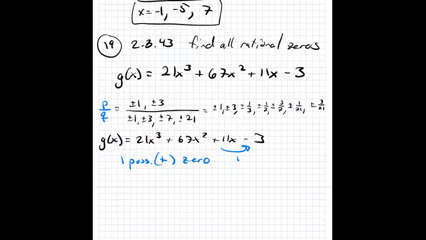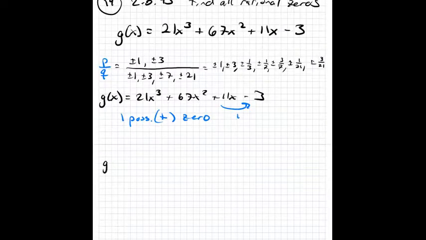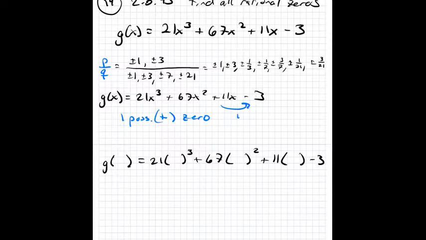Then let's evaluate g of negative x. First I replace my x's with a blank parentheses and create space. 21x cubed plus 67x squared plus 11x minus 3. Notice with all these examples, I'm essentially doing the same thing every time, and then just adjusting or catching the changes as they arise.